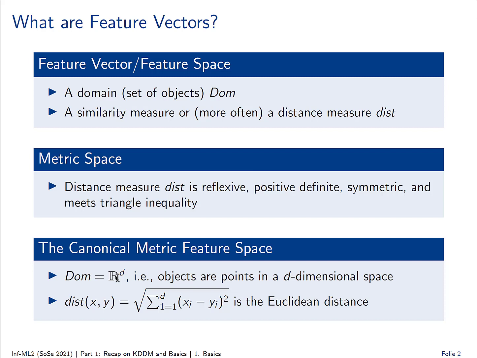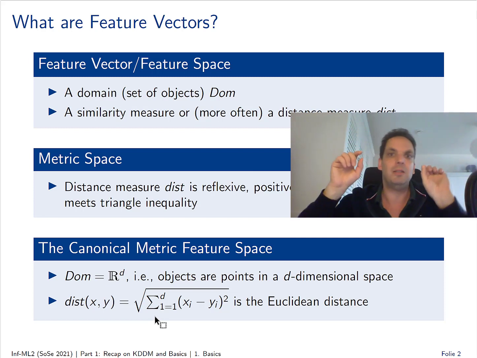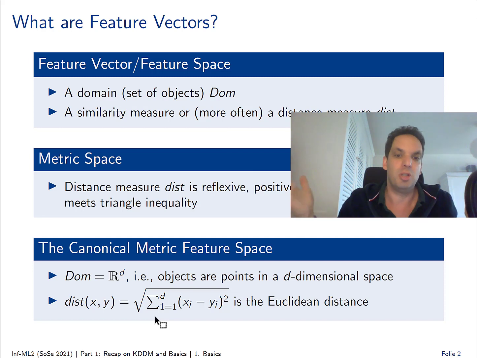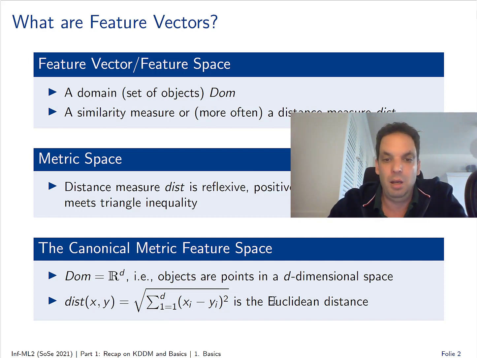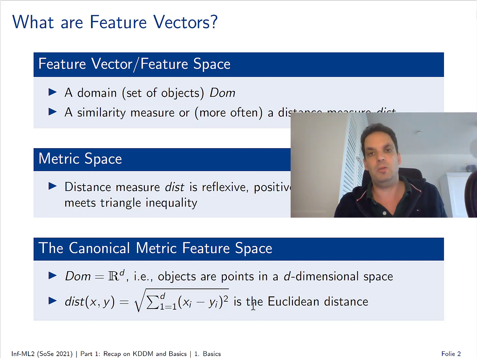If D is 2, they are points on the plane; if D is 3, the objects are points in a 3-dimensional space, and so on. If you think about points in some space, you can think of the distance between the points as the airline distance, which is nothing else than the Euclidean distance given below here. That is the most canonical feature space.